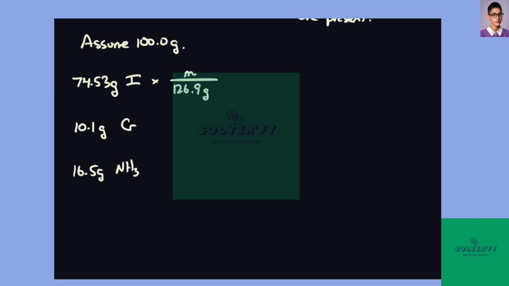Dividing by 126.9 grams per mole, this would be equal to 0.587 moles.